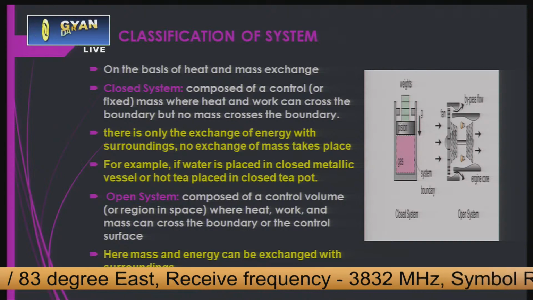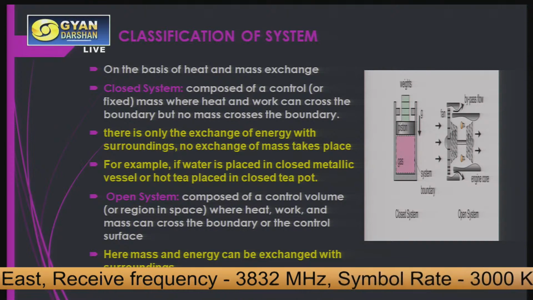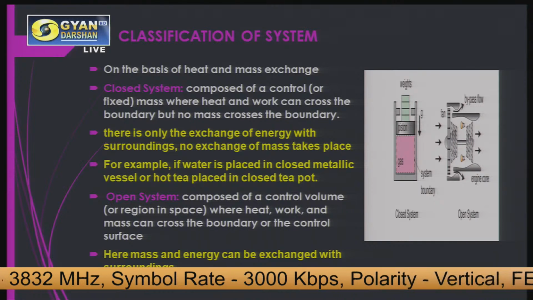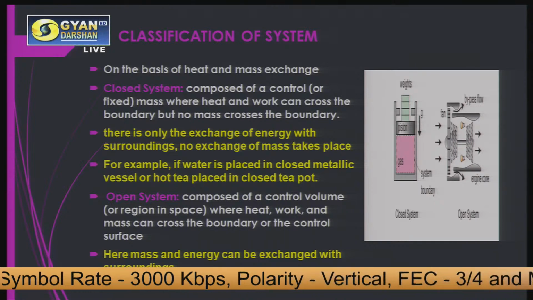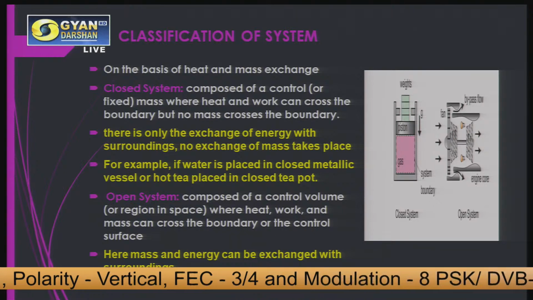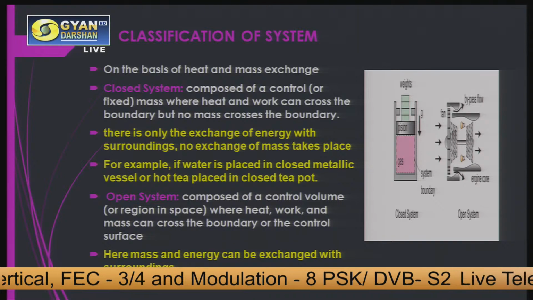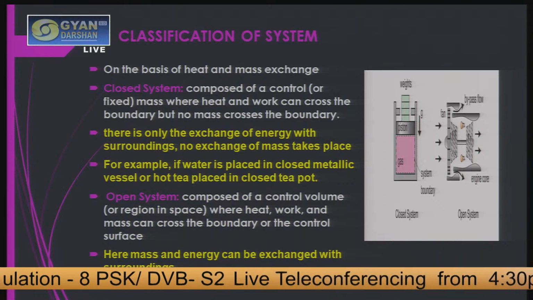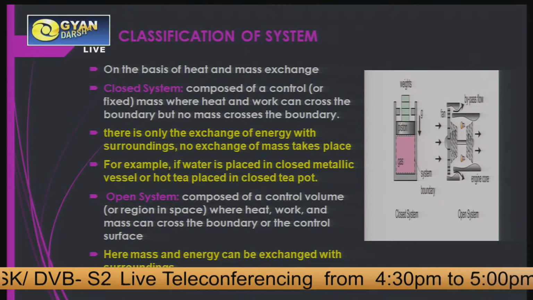So these kinds of systems are known as closed system or fixed mass system. Why? Because here mass transfer will not take place, only heat transfer and work transfer can take place. So there is only the exchange of energy with surroundings. The exchange of mass will not take place in this kind of system.